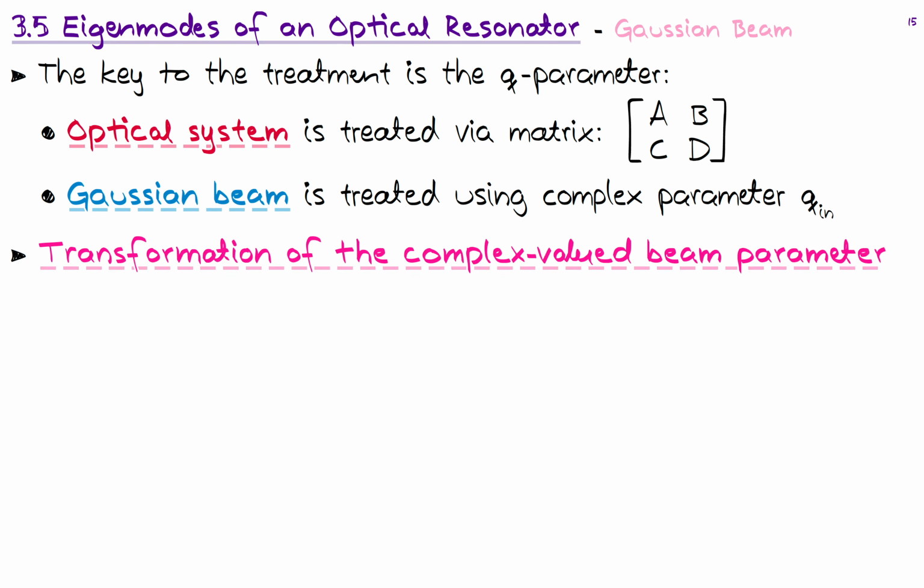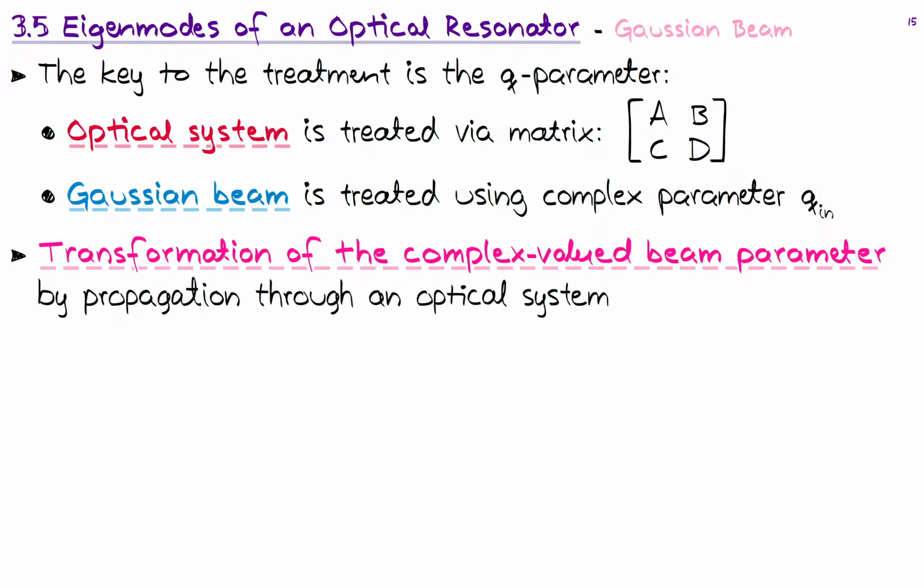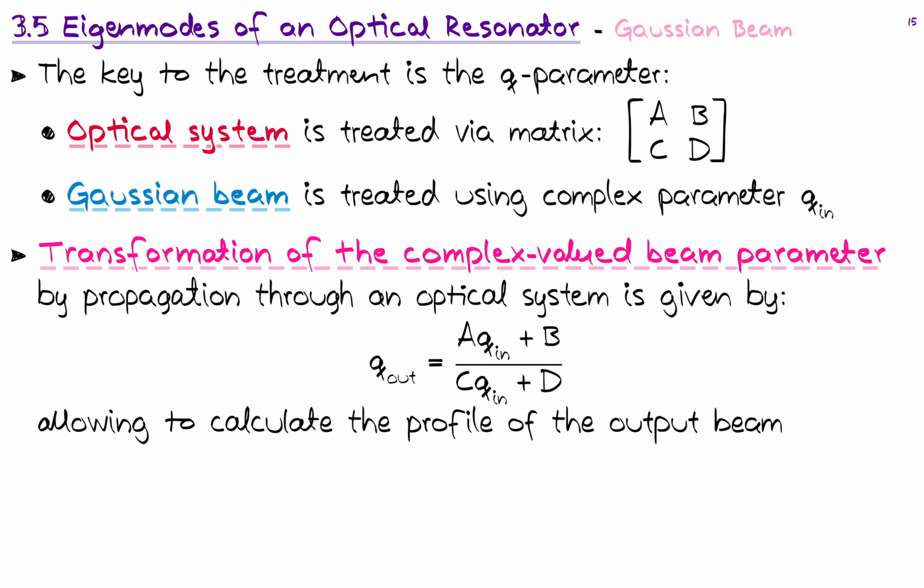The transformation of the complex valued beam parameter q, given by the propagation through this optical system, be it a lens, a mirror, or free space propagation within a medium of index n, can be described using these ABCD calculations. And this is absolutely beautiful because we can now calculate the profile of the output beam using a pretty simple piece of mathematics.